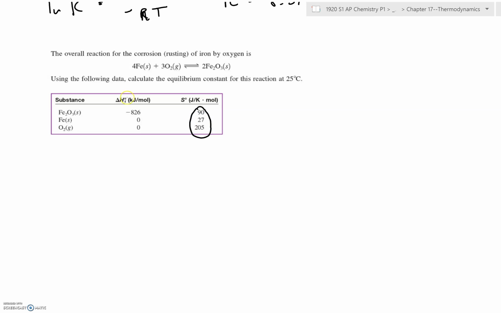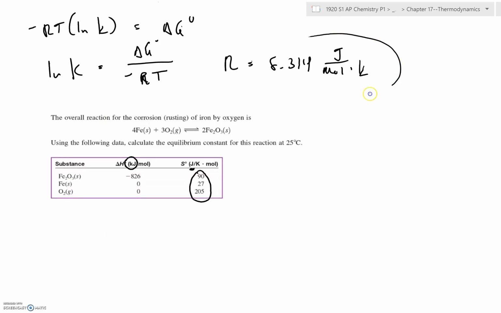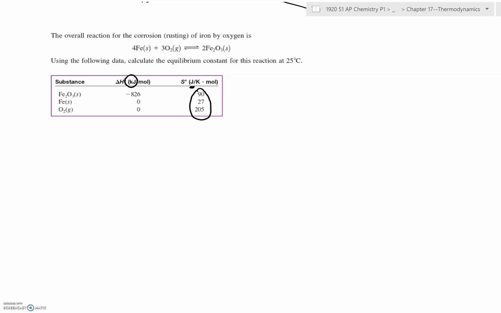You can either get all of these guys into joules by multiplying by 1,000, or you can get all of these guys into kilojoules by dividing. Well, this is already in joules. So let's just multiply delta H by 1,000, okay?